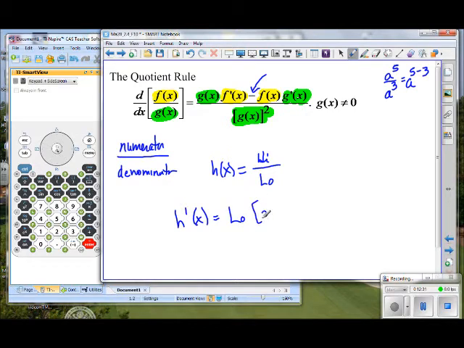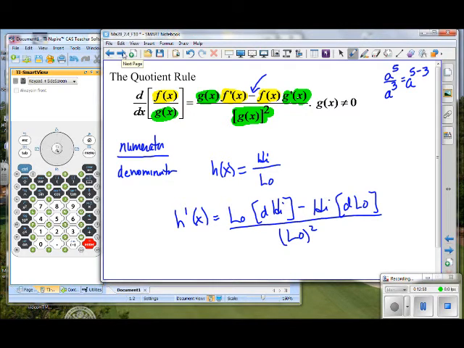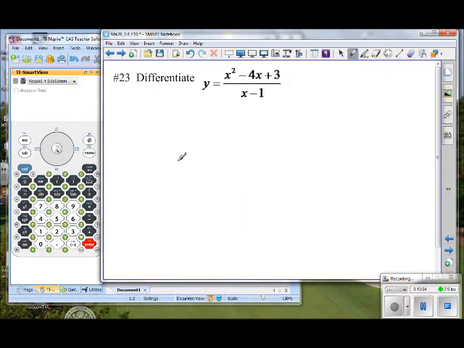Low, d high, d standing for derivative, minus high, d low, standing for the derivative of the denominator, divided by denominator squared. So you could kind of make a little game out of it and say it's low d high minus high d low divided by low low. So again, if you want to use that, feel free to use it. If not, then you find your own way to remember how this rule goes. This is one of those things that you do want to have memorized by the time we take a quiz or a test on it.